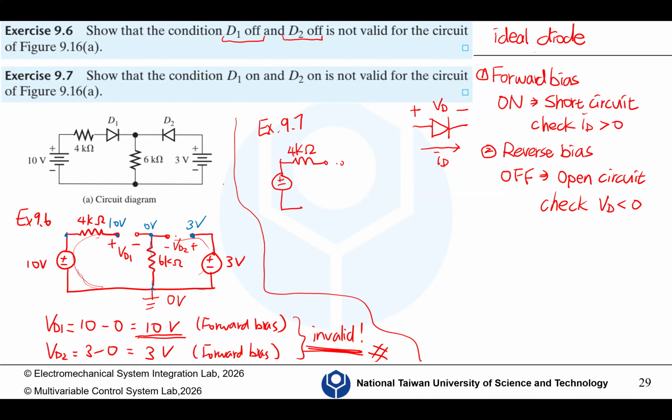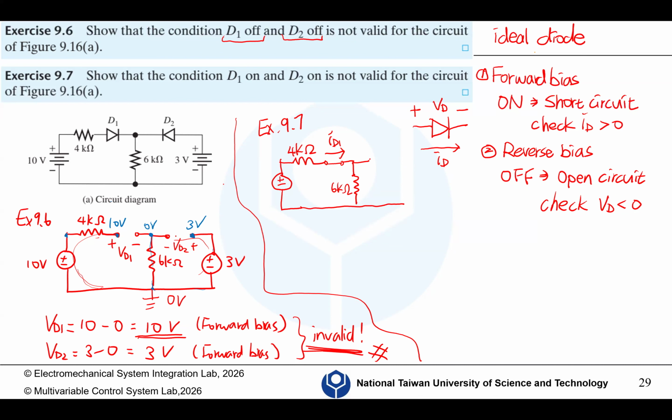We replace with a short circuit, but we need to give a direction of current, ID1, because the direction of the diode is always here. We do not consider the breakdown voltage. If we do not consider breakdown voltage, then the direction of current is only one direction. So we make it short circuit and we assume a direction of current.